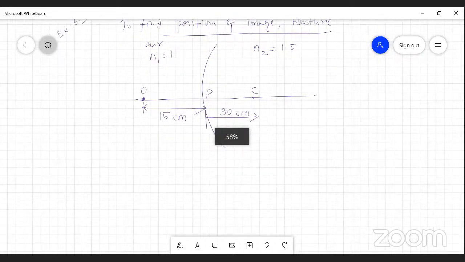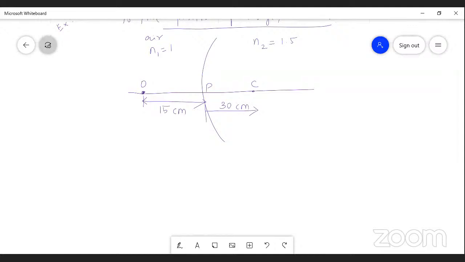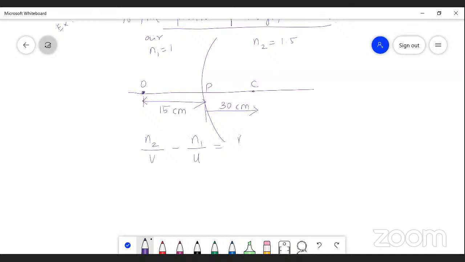To find the position of the image, the equation of refraction is the formula: n2 divided by v minus n1 divided by u is equal to n2 minus n1 divided by R.